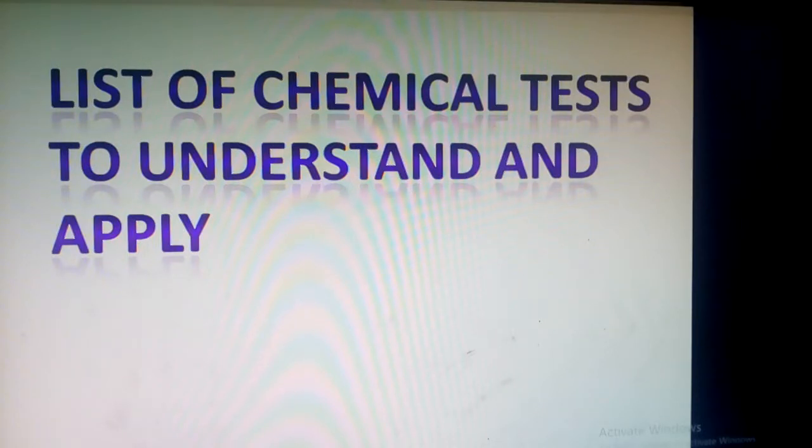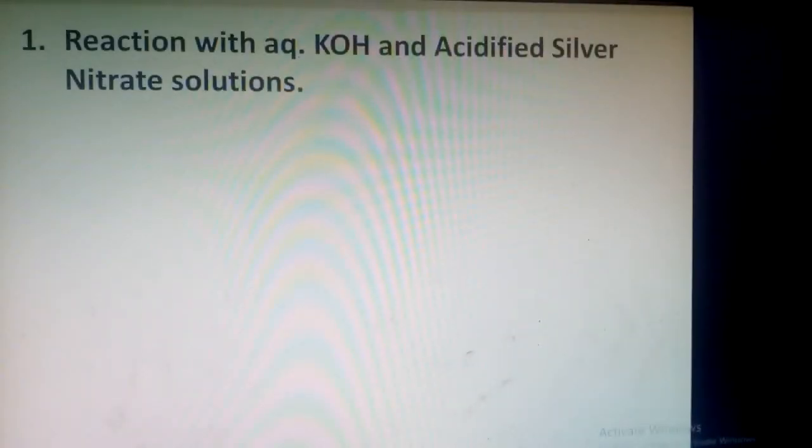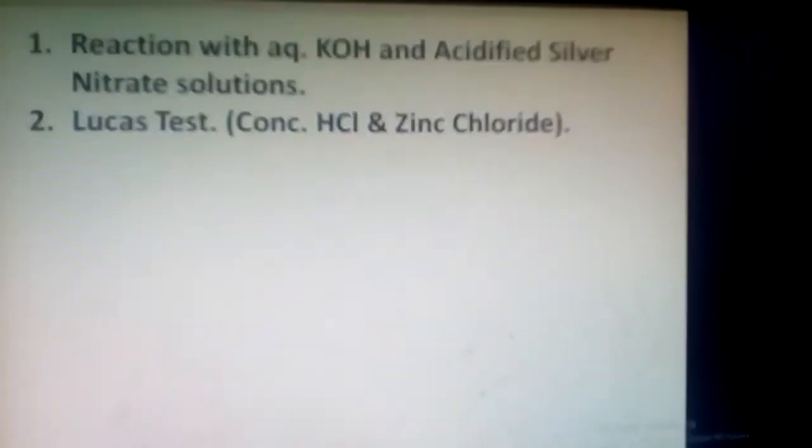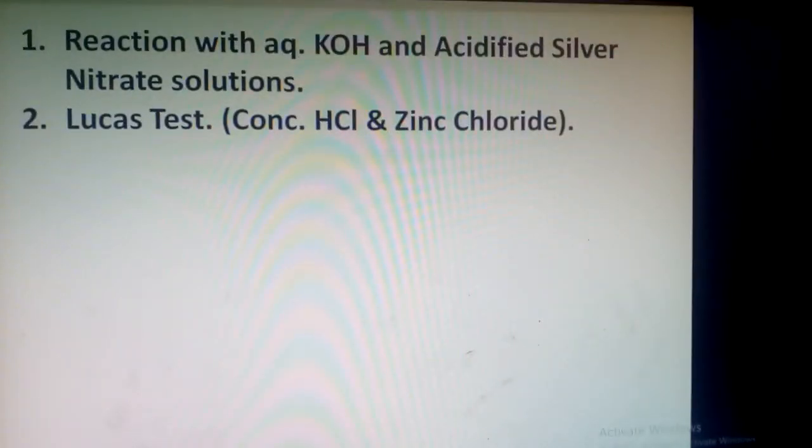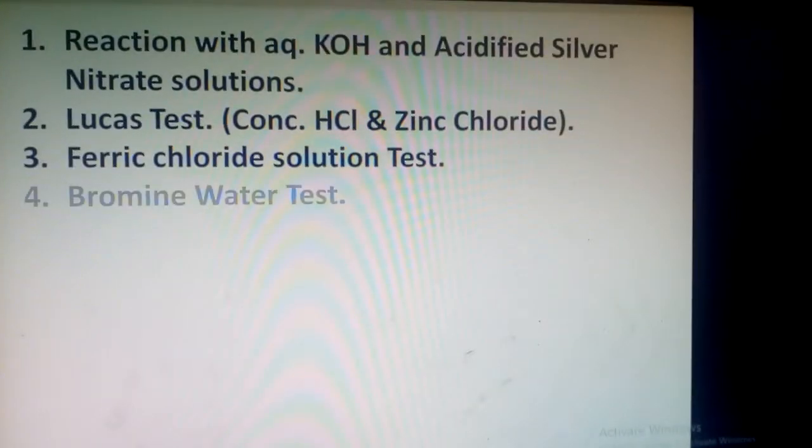functional groups. These 12 tests are: first is, as mentioned earlier, reaction with aqueous KOH and acidified silver nitrate. Then we have Lucas test, then ferric chloride solution test. Lucas test is used to distinguish between different types of alcohol, that is primary, secondary or tertiary.